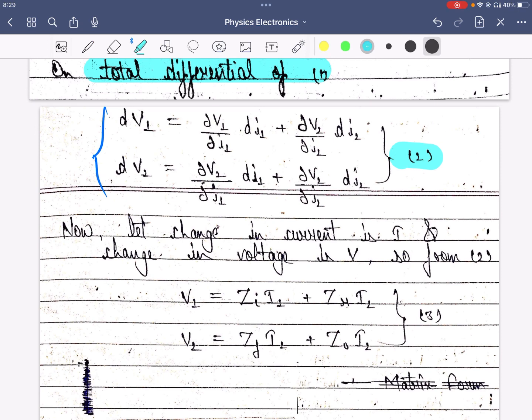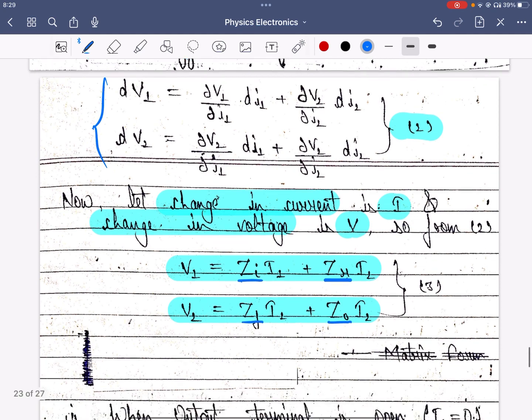Now let the change in current is I and the change in voltage is V. Then we get V1 is equals to ZI I1 plus ZR I2 and V2 is equals to ZF I1 plus Z0 I2. Here ZI, ZR, ZF and Z0 are the Z parameters.